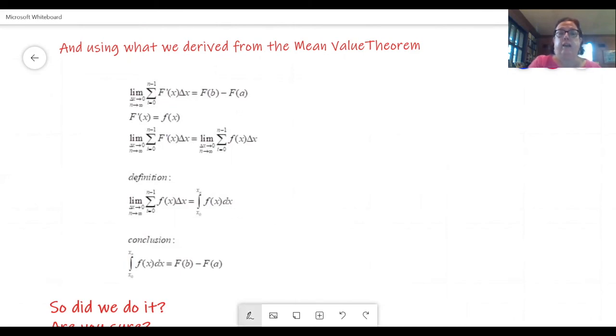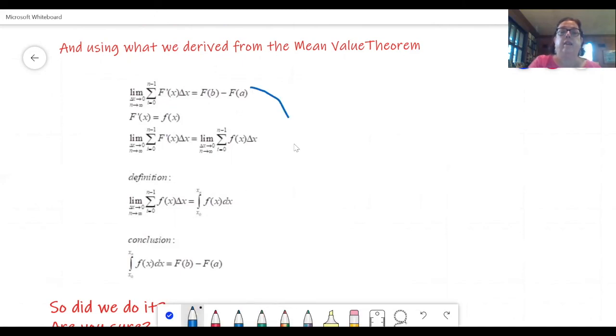So what does that say? That says that these are equal. Isn't that what we're trying to prove? Our mean value theorem expression is equal to this expression with lowercase f, which is the integral of f. So since these are equal, and these are equal, these are equal.